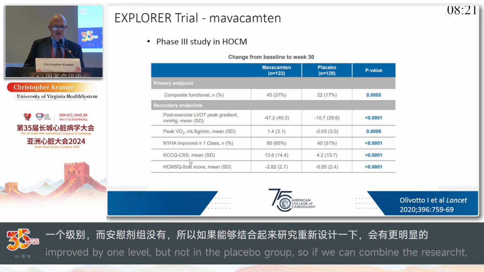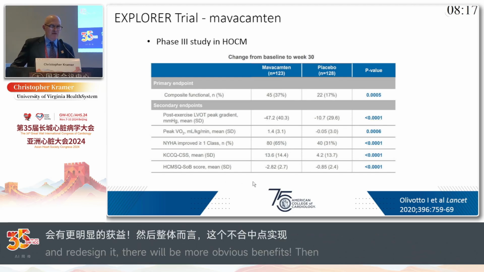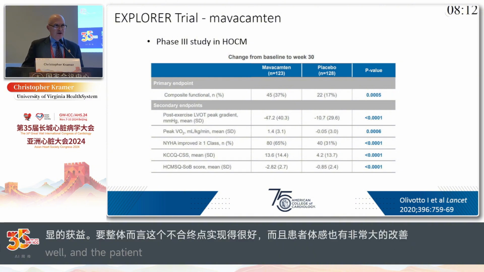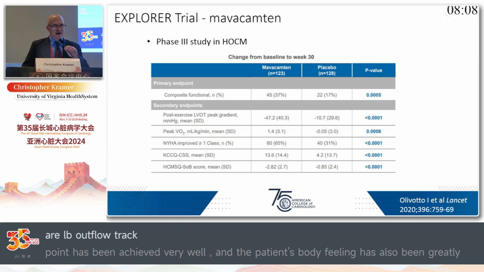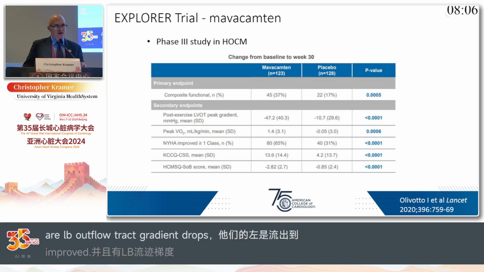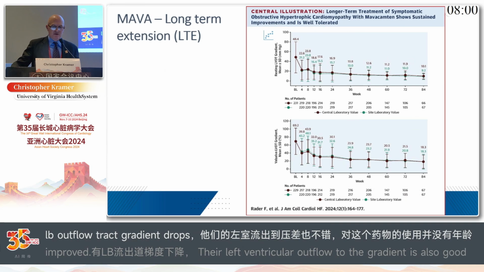Their KCCQ score improves, and we use this drug all the time in elderly patients because they feel better and their LV outflow tract gradient drops. So this is not an age-limited drug. I use it often in patients over 70. I'm going to skip this slide just in terms of time.